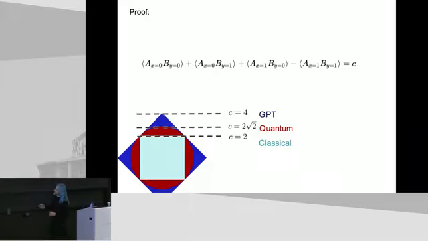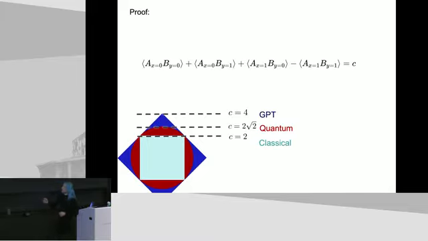And as we said, we have this quantity here, and if I draw some level curves for this functional, it assigns value 2 to all of these resources. So that's the local bound, right? You can't be any larger than 2. The quantum set can do better. The maximal quantum violation of this is 2 square root of 2. That's sometimes called the Tsirelson correlation, named after the person who derived that. And then the maximal GPT possible value here, as we said, is 4.